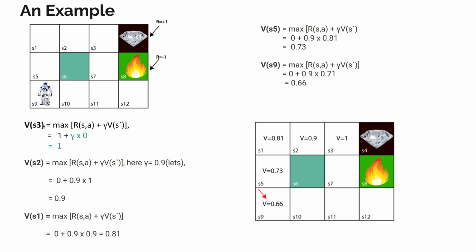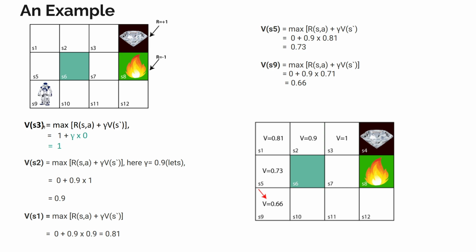So the value of S3 says you want to know my value. So what you do, you are in S3, you have 4 actions. You take whichever action gives maximum reward, A3, you sum up the reward for S3 to A3, plus you must have transitioned to some other state, the value of that state. Did you get the idea?